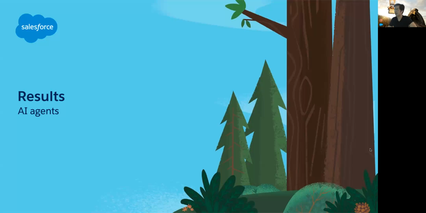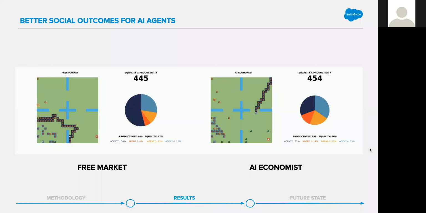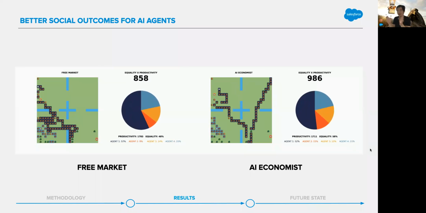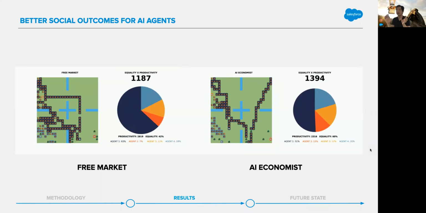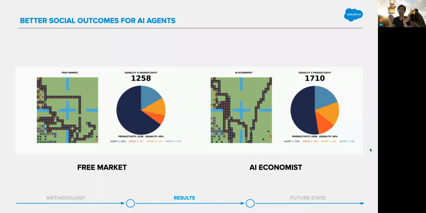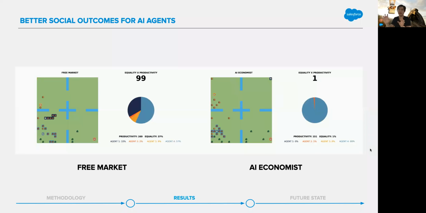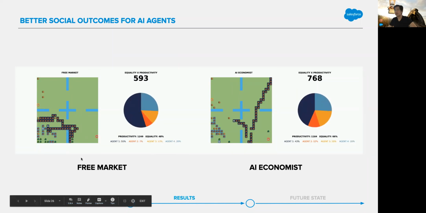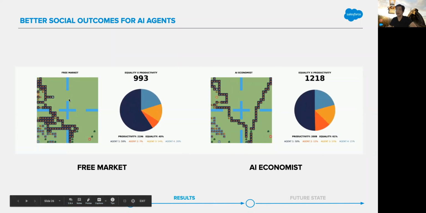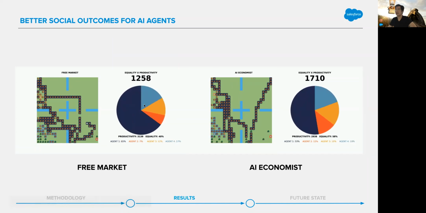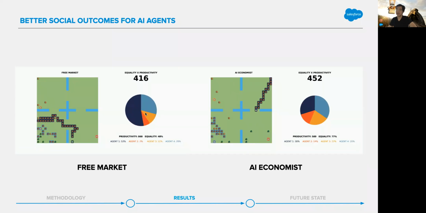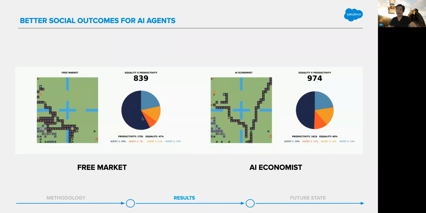Okay, so let me talk about results. The main thing here that we want to compare is whether society is better off between different tax models. Here you can see a comparison between the free market and the AI Economist. On the left, we can see this pie chart, and the size of it indicates the productivity in society.